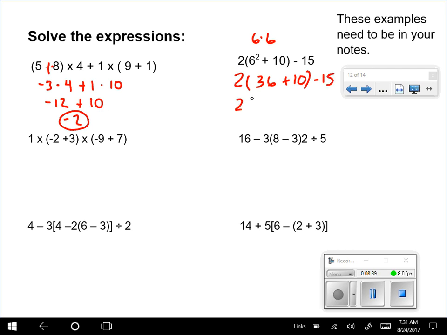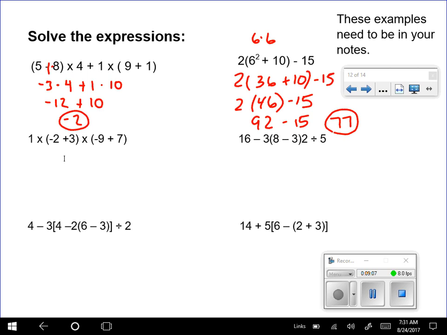And then 36 plus 10 would give us 46. 46 times 2, we would do multiplication before subtraction, would be 92 minus 15. 92 minus 15 is 77. So again, I worked through each step. I showed all my work, and there we go.